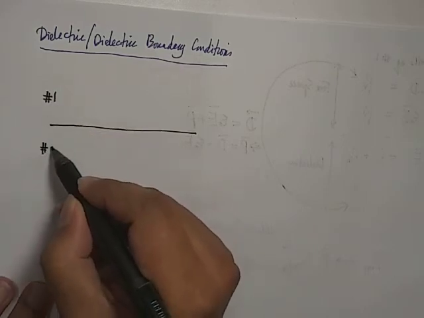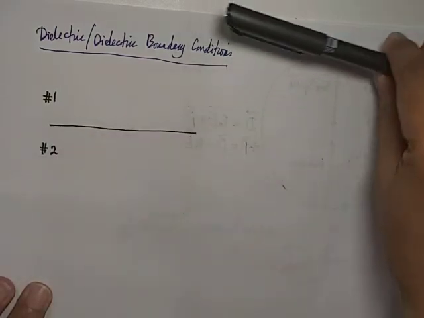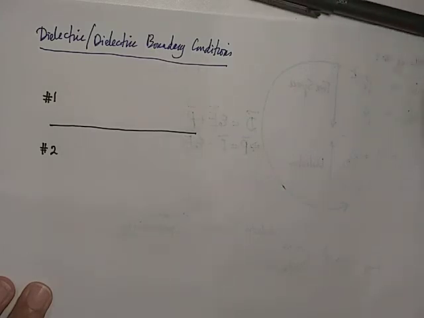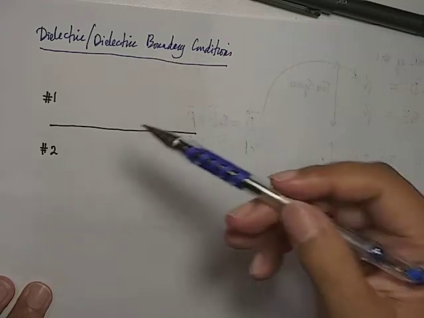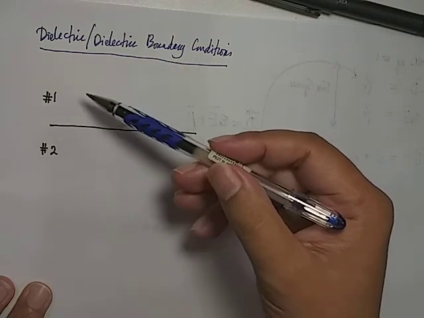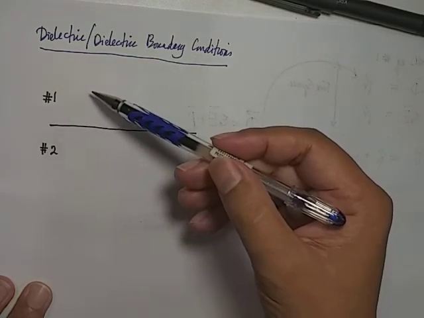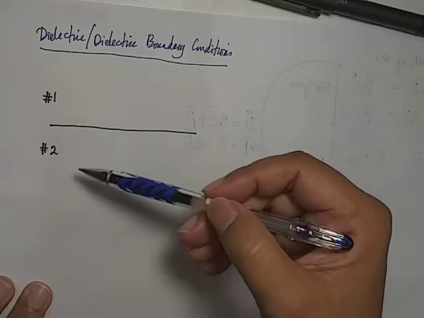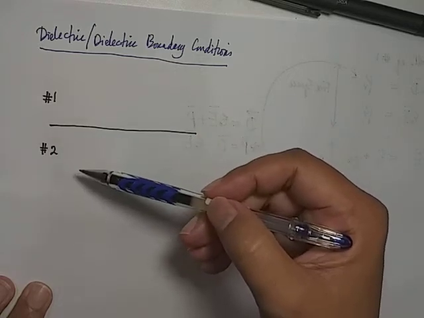The bottom region we're going to denote number 2. Since we already mentioned this to be known as the dielectric boundary condition, region number 1 should be a dielectric material, and region number 2 should also be a dielectric material.